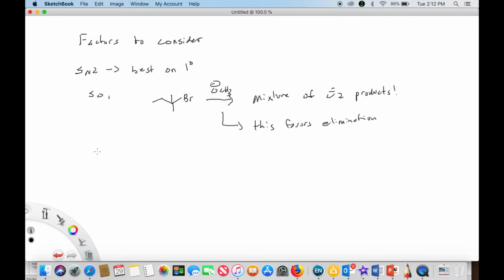The other thing that you want to consider when you're doing this is to do it in the opposite way, if that's the case. I can still make the ether that I want, but I can always do it by making the alcohol the more substituted piece.